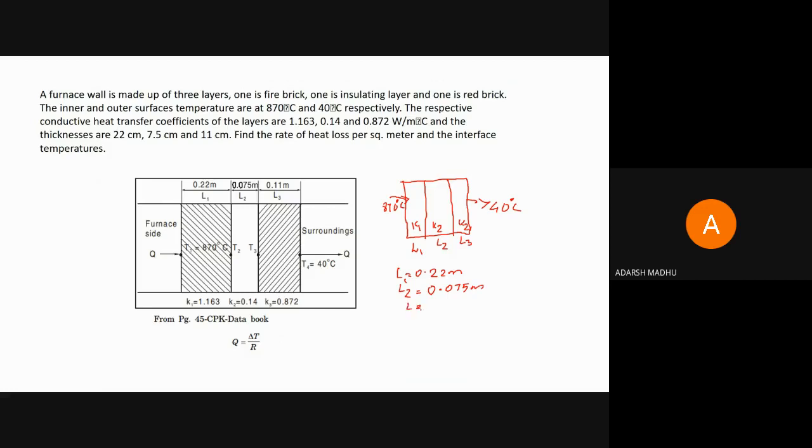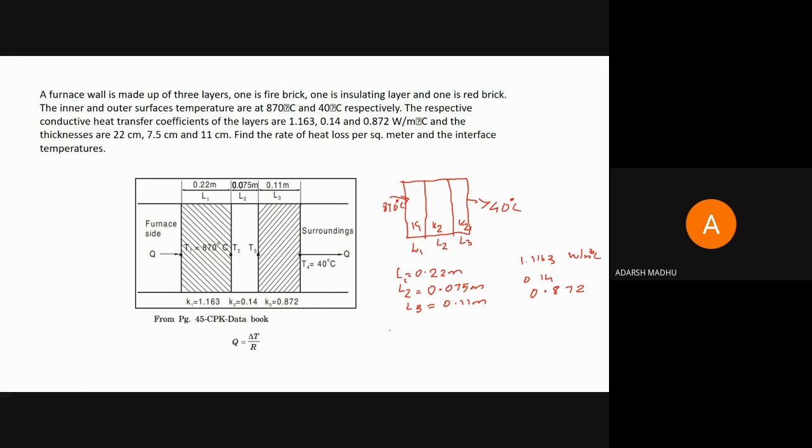And the third one, L3, is 11 centimeter, which is 0.11 meter. And of course, the respective thermal conductivities K1, K2, K3 are given as K1 is 1.163, K2 is 0.14, and the third one K3 is 0.872. All are given in watt per meter degree Celsius.